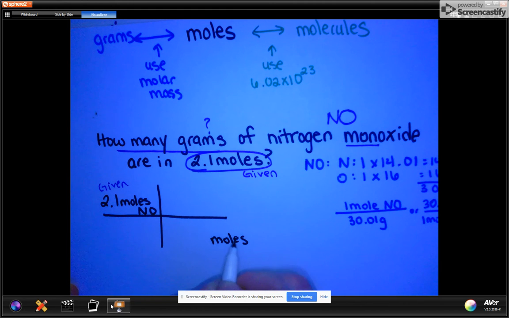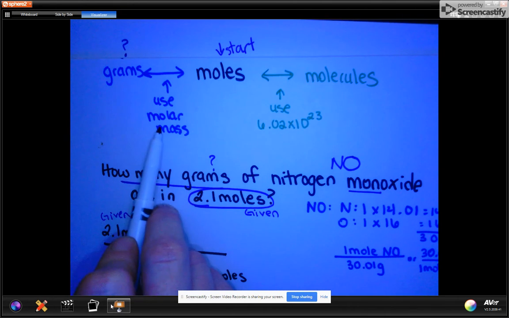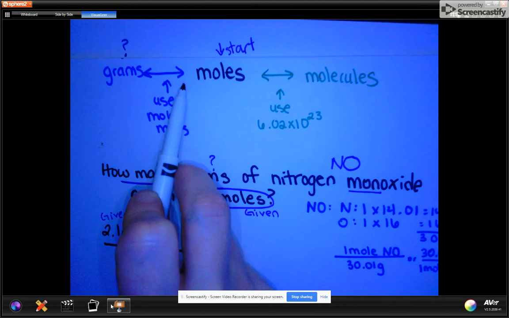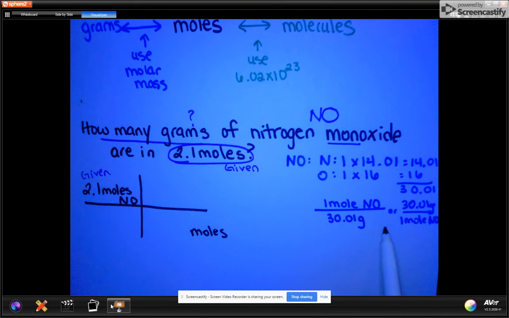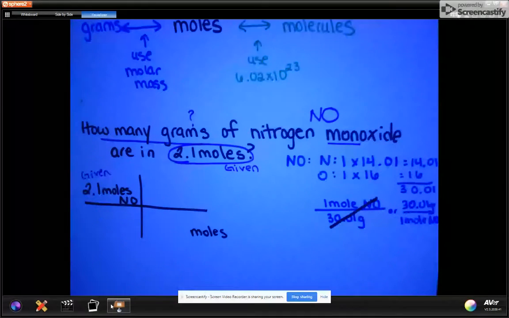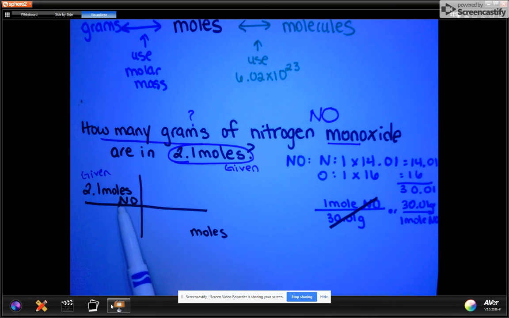So then I go over here to what I'm using, because again, we figured out I'm going to use my molar mass. I need moles on bottom. This one is not the one we used this time. It's what we used before because we had grams here. But this time we have moles, so we're going to be using this one.